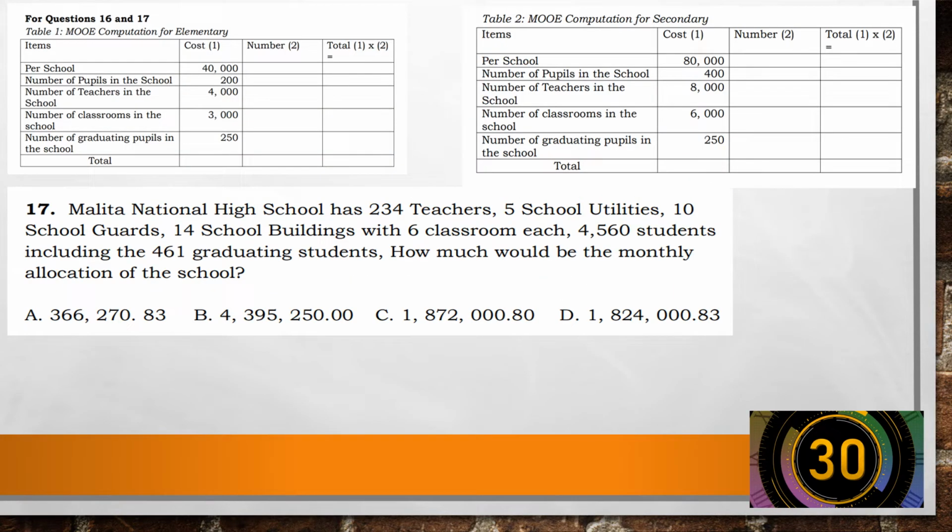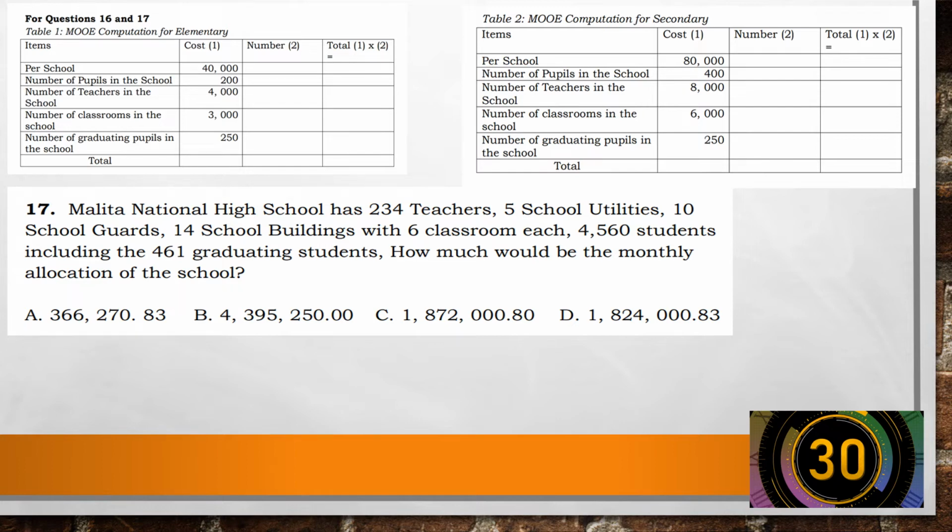Okay, for question number 17, Malita National High School has 234 teachers, 5 school utilities, 10 school guards, 14 school buildings with 6 classrooms each, 4,560 students, including the 461 graduating students. So how much would be the monthly allocation of the school?